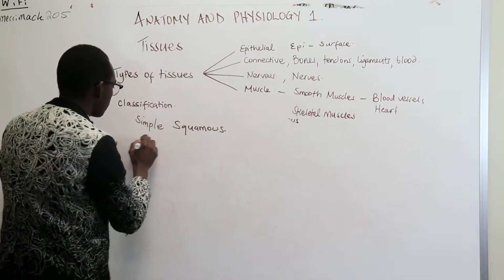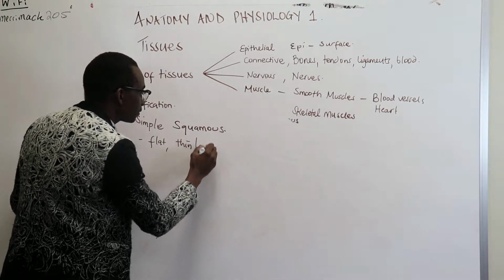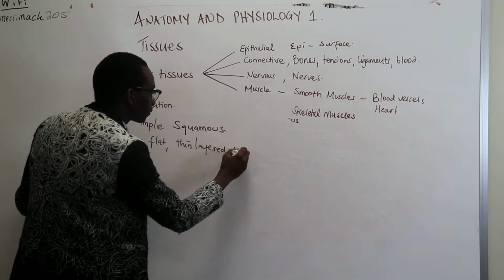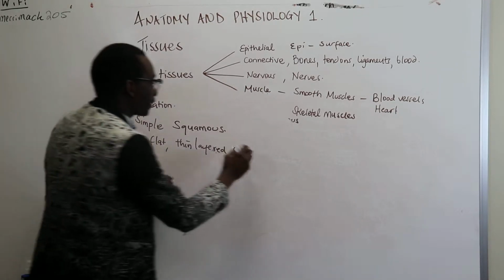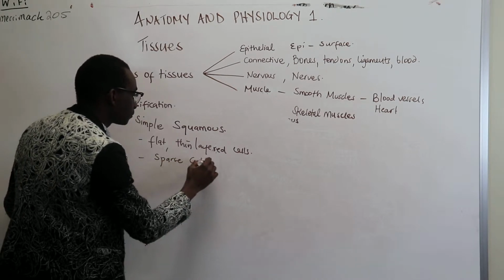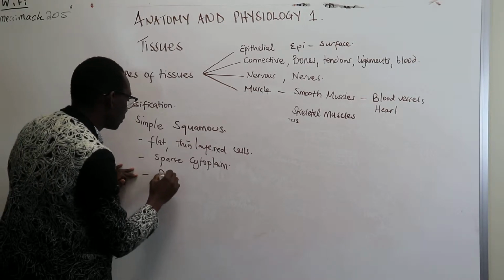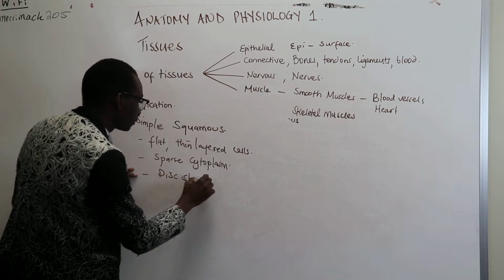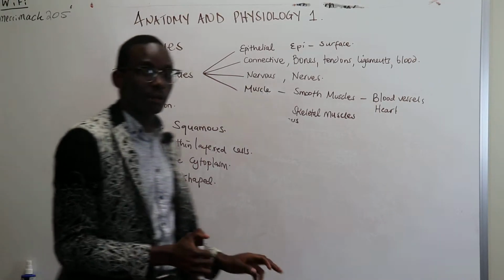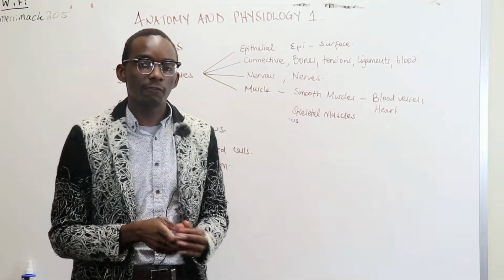They are flat, with sparse cytoplasm, and they are disc-shaped. So these cells are flat, thin, simple, with a disc shape, which means that they are very good at absorbing different substances.